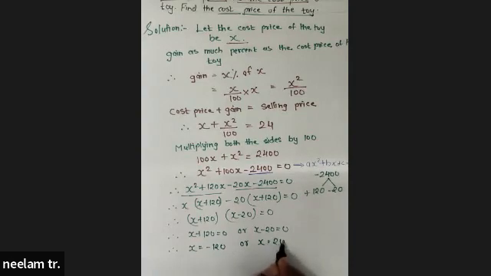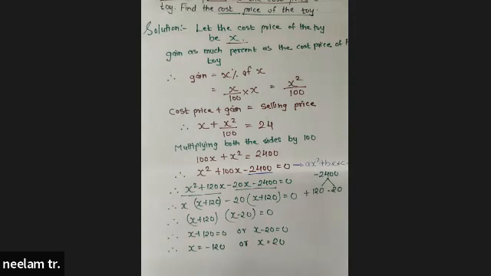Okay. The cost price, as I told you, ages, train, car speed, boat stream, all these values will never be negative.